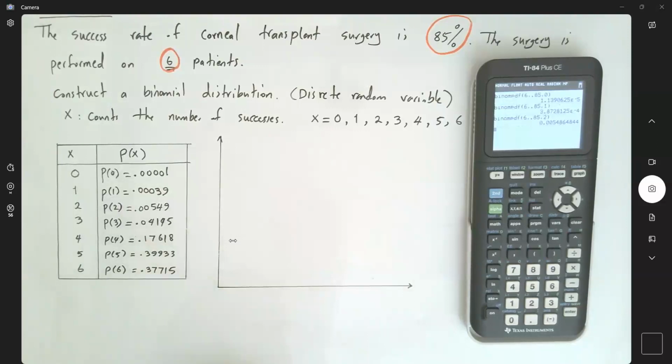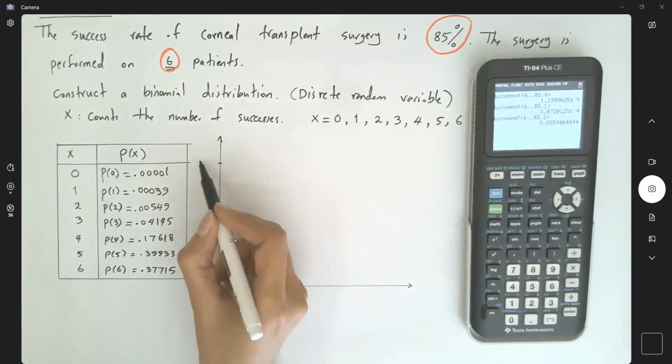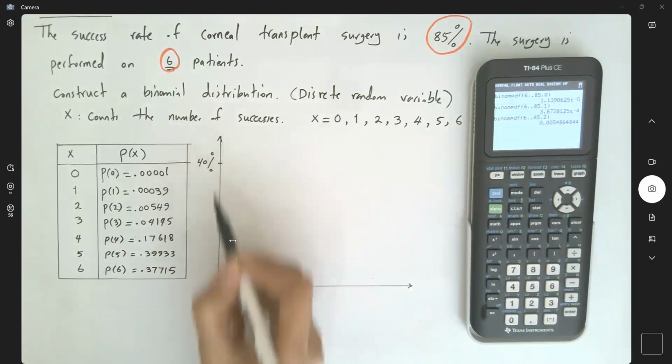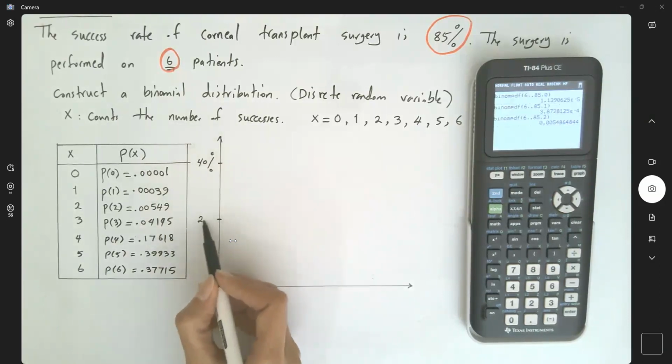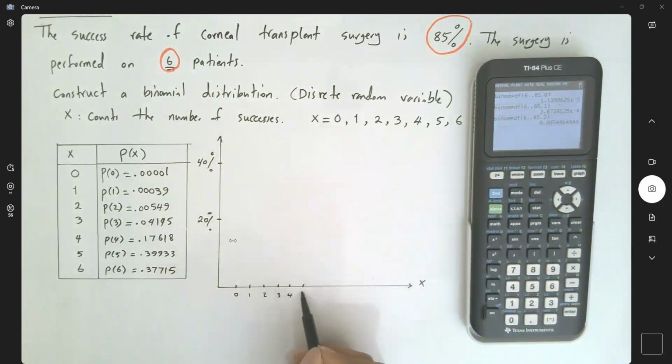But what does the graph look like? Here, the maximum probability is about 40%, so I'm going to have 40% here. It helps to scale it a little bit easier this way. So you have 0, then 1, 2, 3. These are X values, 4, 5, and 6. And you're going to use bars to represent these.